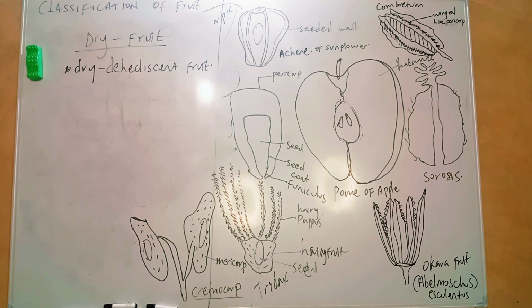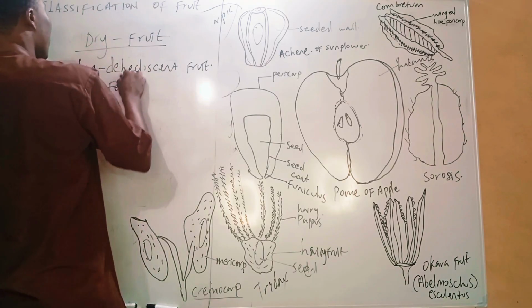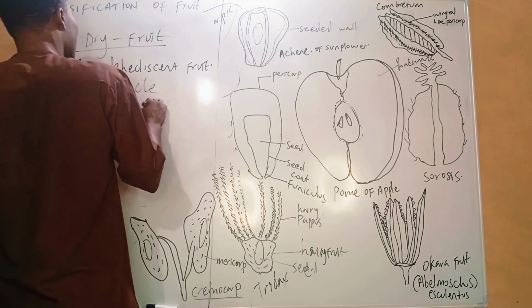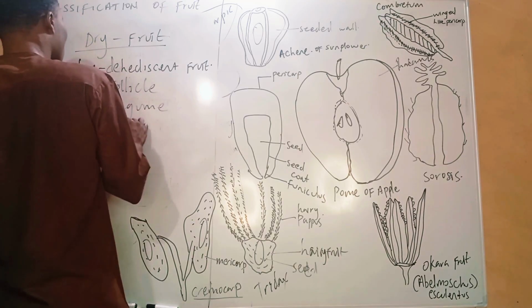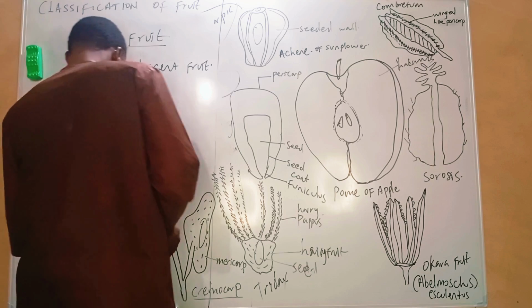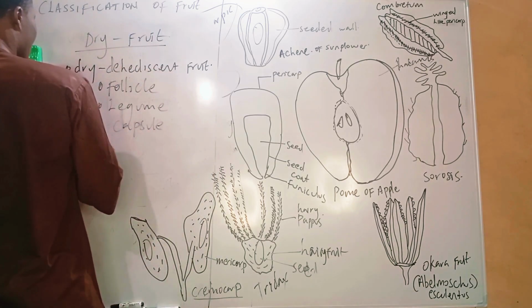Dry dehiscent fruits usually have some types, usually four or five. Let me just list them. The first one is the follicle. We have legumes. We have the capsule. We have the siliqua, or the silic.